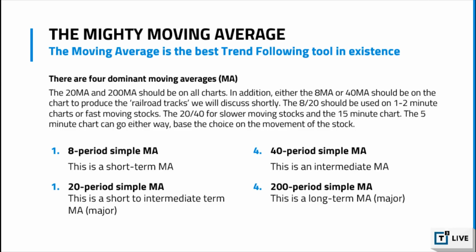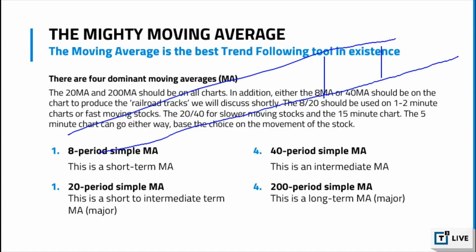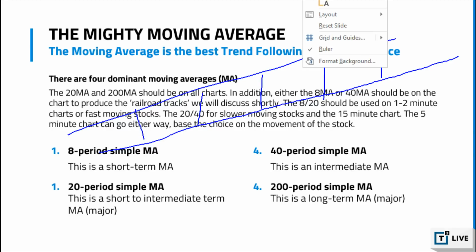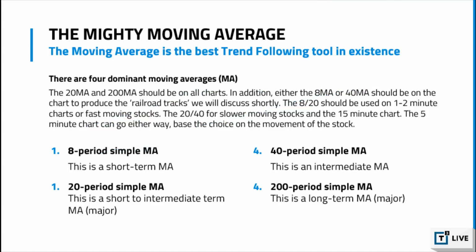If you get railroad tracks between the 20 and the 40, and the distance between them stays about the same, then you have what we usually call a power trend. That's the kind of trend that is sustainable, that will go on and on, and usually looks really good on multiple time frames.